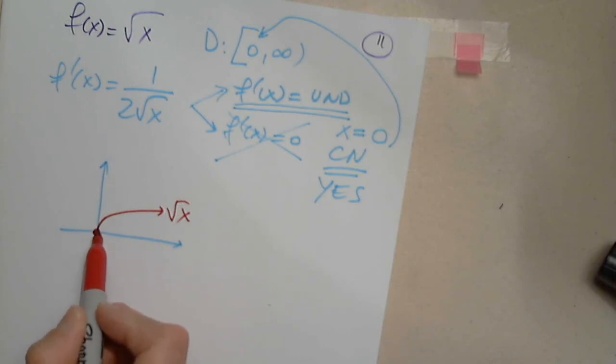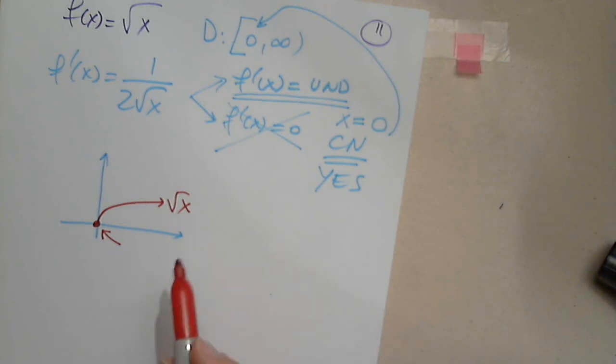And this is what type of point? Absolute min. However, the absolute min, in this case, does not create a local min. But still, f prime is undefined, therefore there is, in this case, an absolute min.